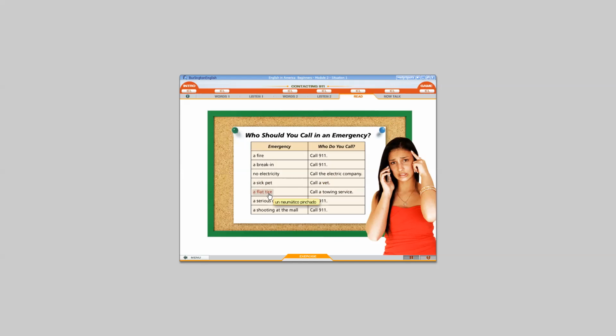A flat tire. Call a towing service. A serious car accident. Call 911. A shooting at the mall. Call 911.